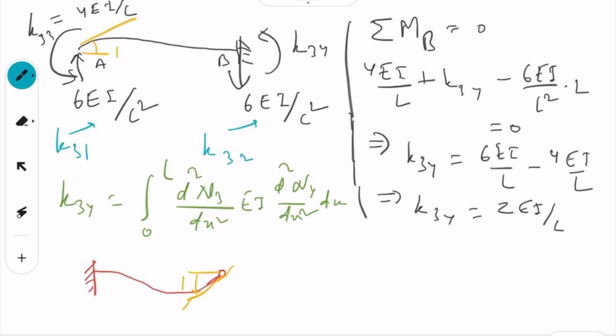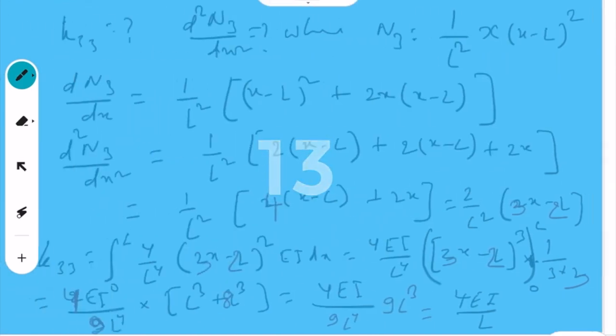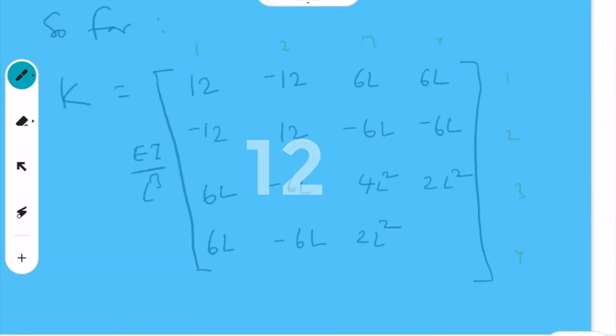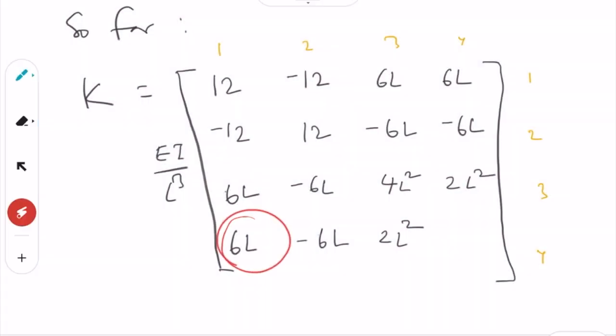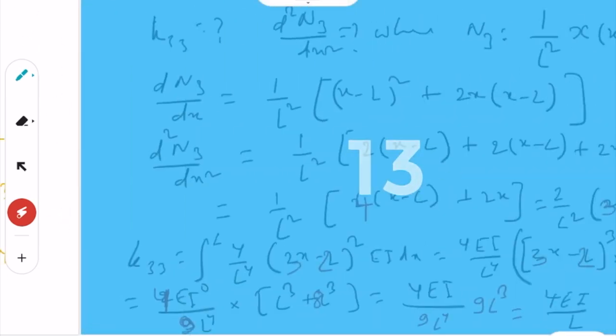So you can see the forces we have. You look here, so far we have this one. 2 EI over L square we have here. So here we got 6 EI over L square which is upward, and then this is downward.